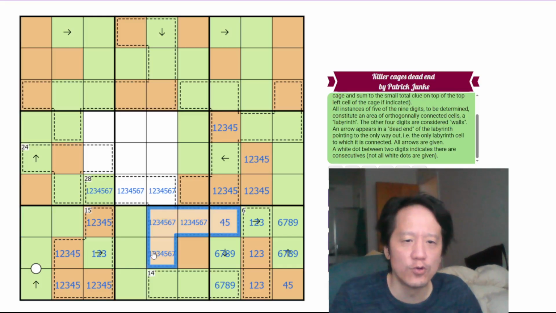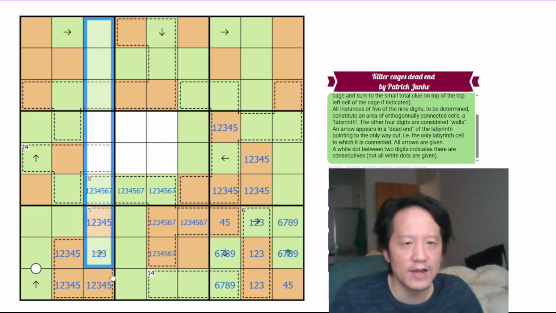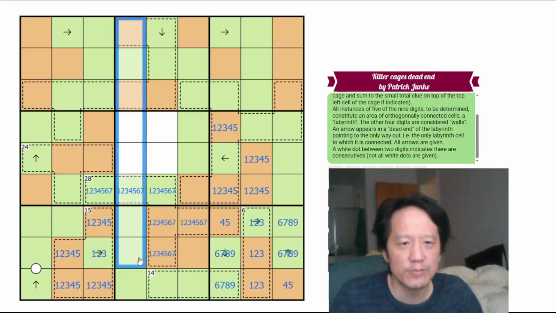We have all 4 walls in the 28 cage, so these must be labyrinth. We have 5 labyrinths in column 3, so these 2 must be wall. We have 5 labyrinths in column 4, so these 2 must be walls.